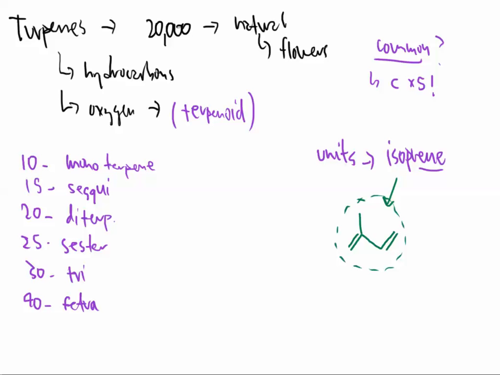So we have a head associated with the isoprene, and we have a tail associated with the isoprene. If I take a look at the isoprene unit, the head is here up at the top. The head is the carbon and a methyl attachment, right? Wherever this methyl attachment is, that gives me priority as far as numbering of the chain goes, because this is a substituent.